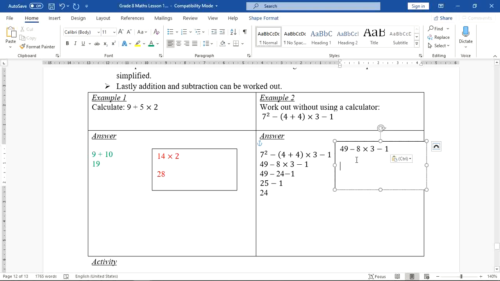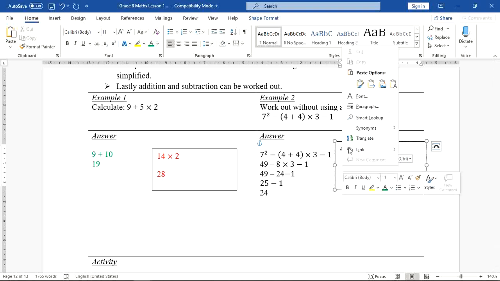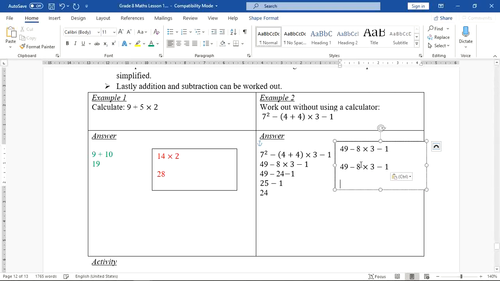Instead of multiplication, I'm going to subtract. 49 take away 8, I'll get 41, and 3 take away 1, I'm going to get 2, and then 41 times 2, I'm going to get 82.